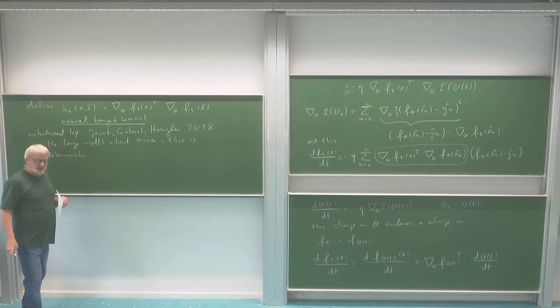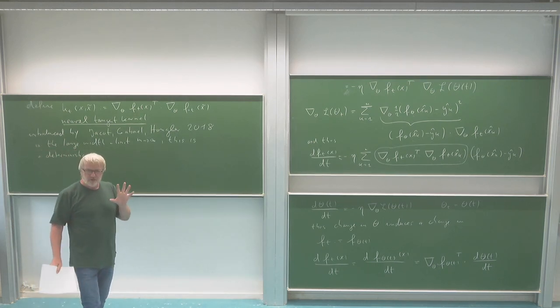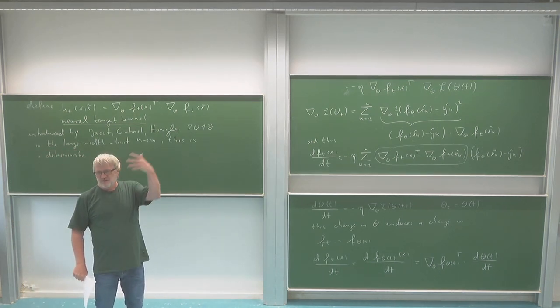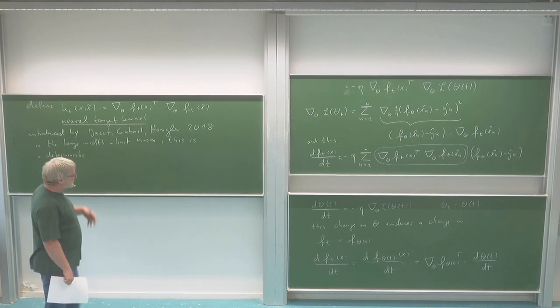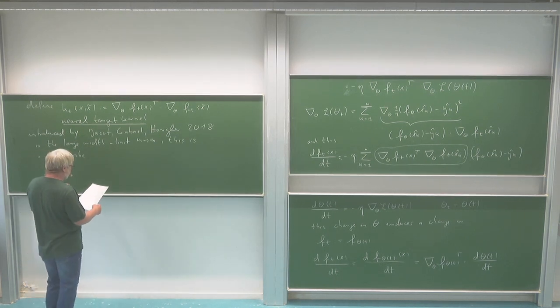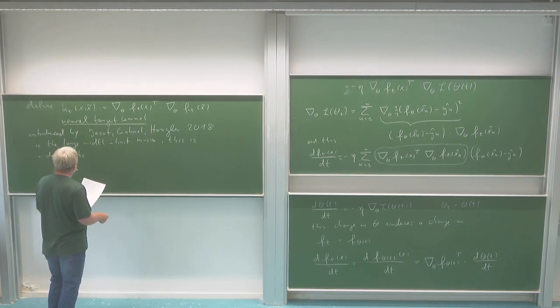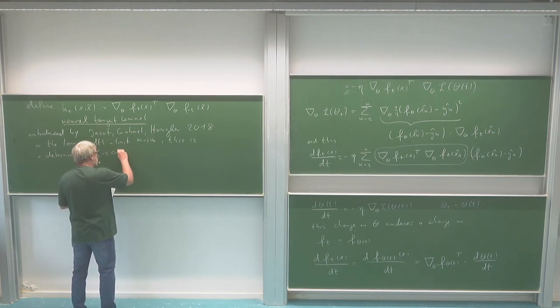Let's say at initialization, at time t equal to 0, it is given by our random matrices, and it converges to a deterministic object. So this essentially is concentration.